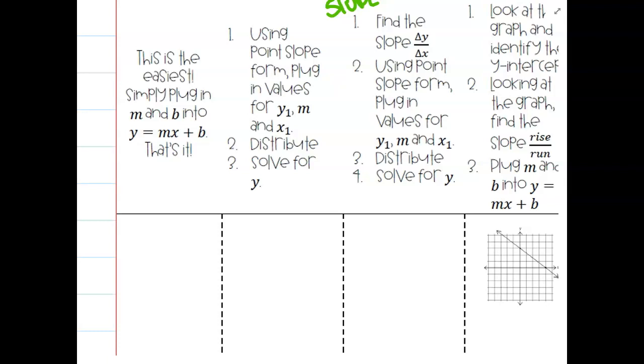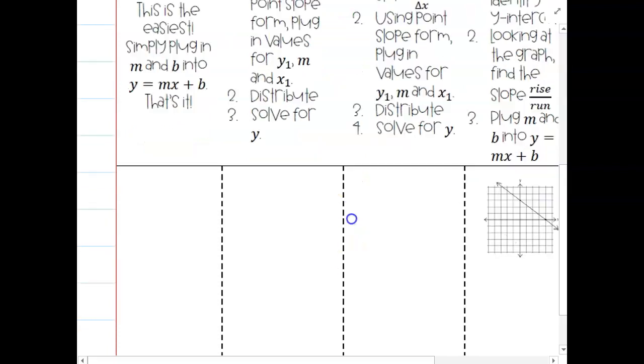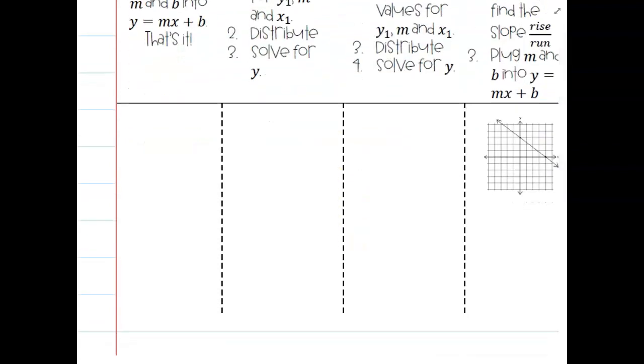If they give you the slope and the y-intercept, you just plug it in. So for example, it might look something like this. It might say we have a slope of 2/3 and a y-intercept of -4.